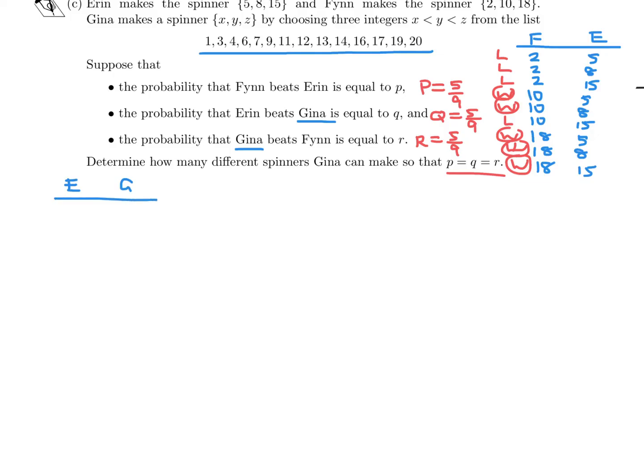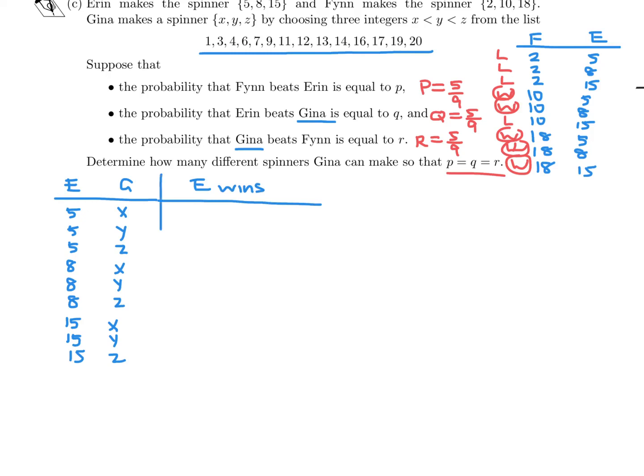And we've got Aaron is what? 5, 8, 15. So 5, 5, 5, 8, 8, 8, and 15, 15, 15. And Gina is XYZ. So I don't know what that is, so I'm just going to put XYZ for now. I mean, I don't know what numbers she has chosen from that grand list. Okay. So Aaron wins if what?